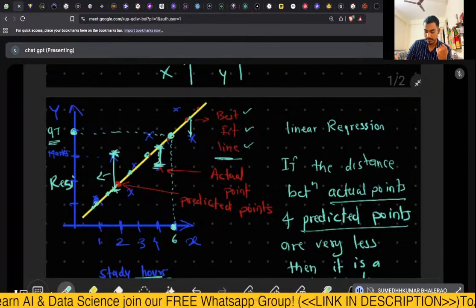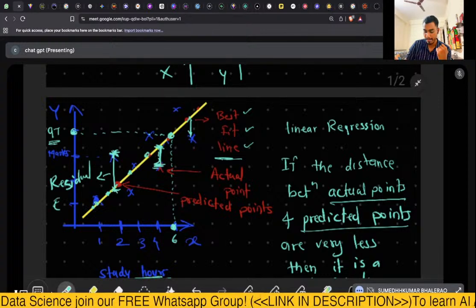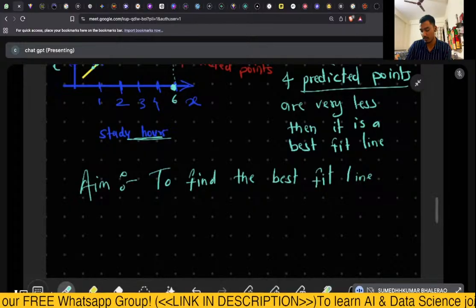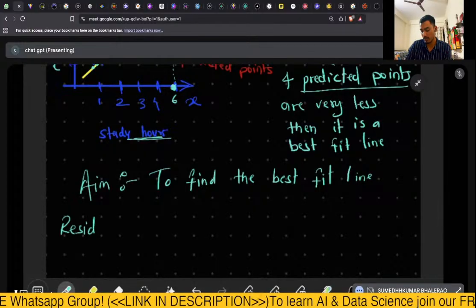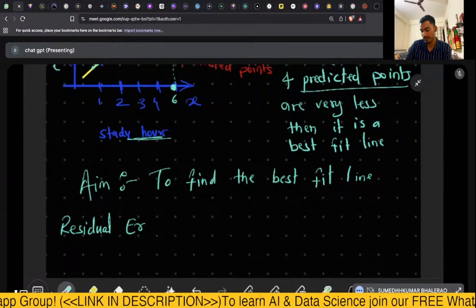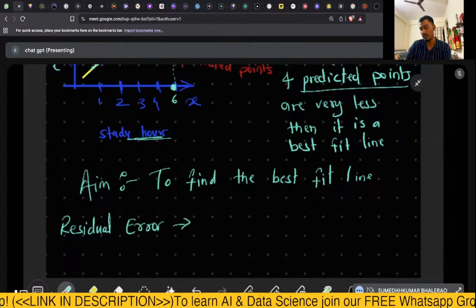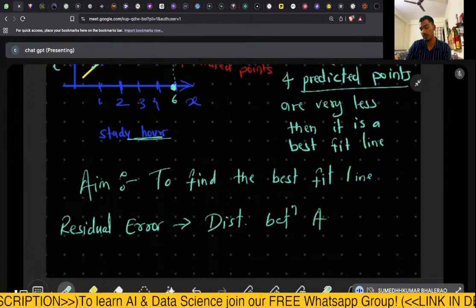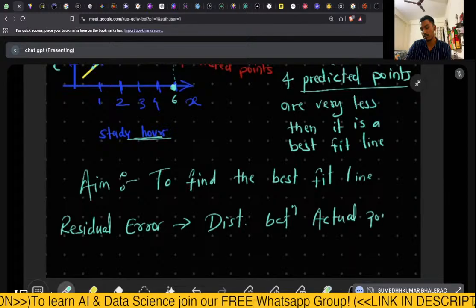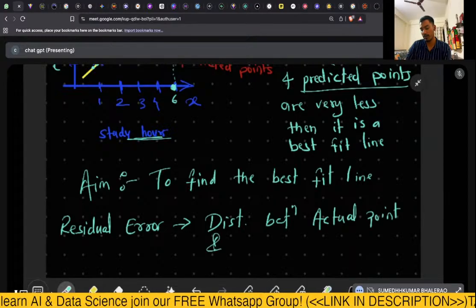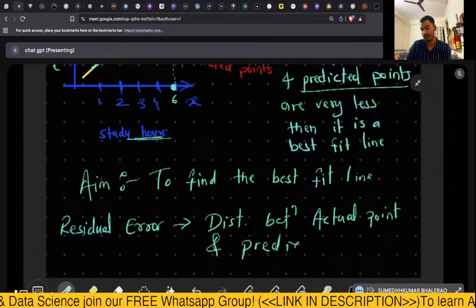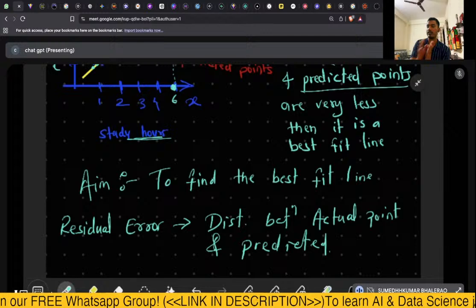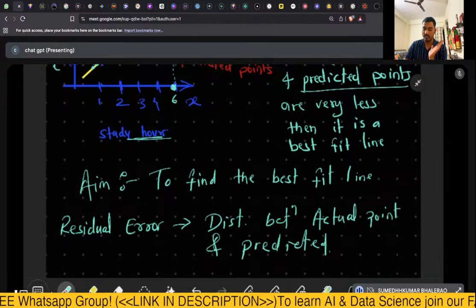residual error. Okay, let's write a definition. Residual error: distance between actual point and predicted point. The distance between actual point and predicted point is called a residual error.